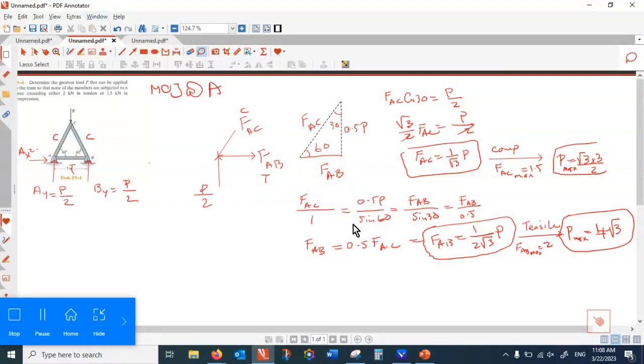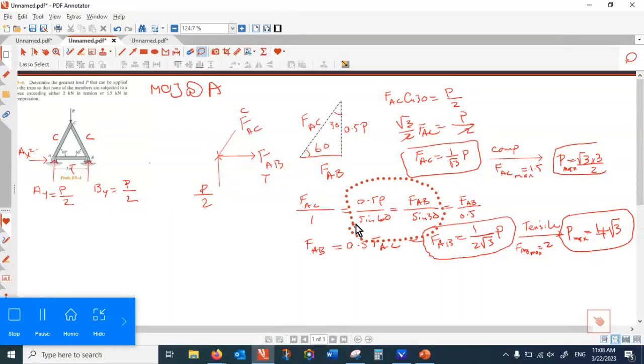Okay, so if I take that portion here and then manipulate that middle part, what I get is sine 30 is half and sine 60 is root 3 over 2.